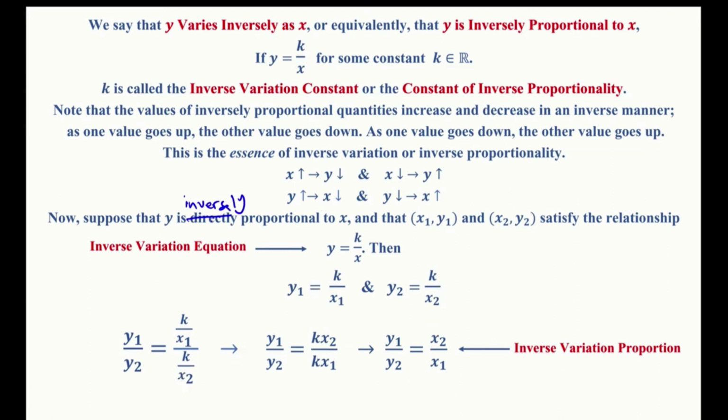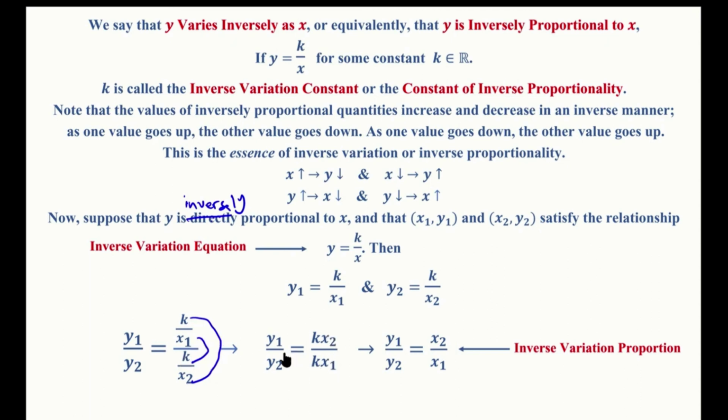Remember, when we have one fraction over one fraction, we can do the outer product over the inner product trick. So we get y1 over y2 equals kx2 over kx1.